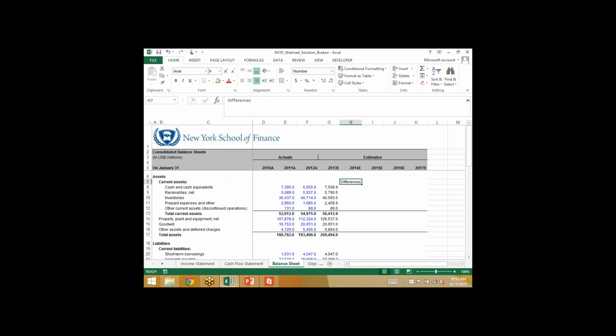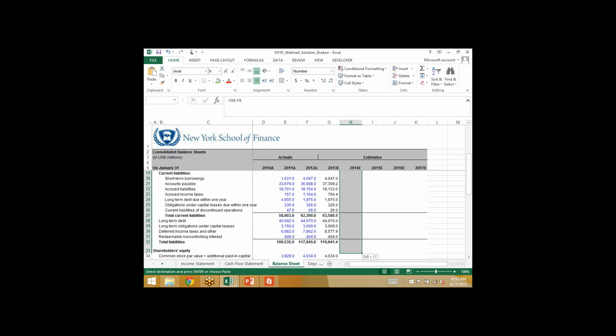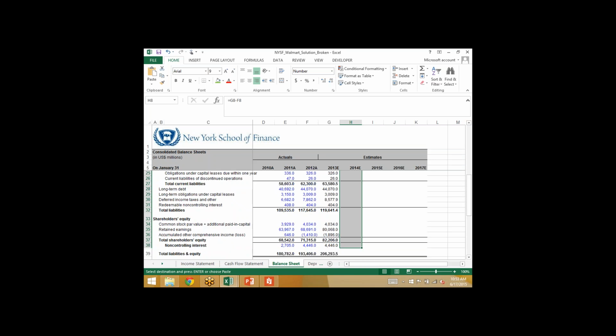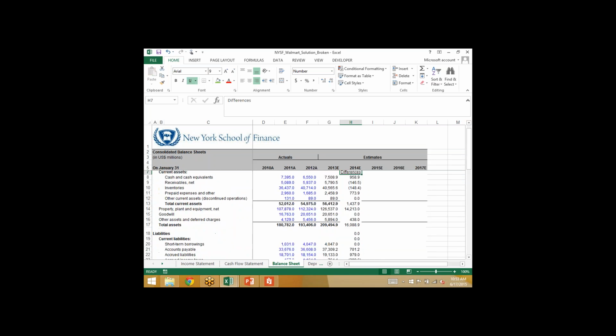I'd subtract, and I don't care which way you subtract. I'm just going to subtract 13 minus 14 and copy all the way down. I don't care about formatting because once I get 2013 right, I'm going to copy it over, which would fix the formatting. I don't care about the totals.